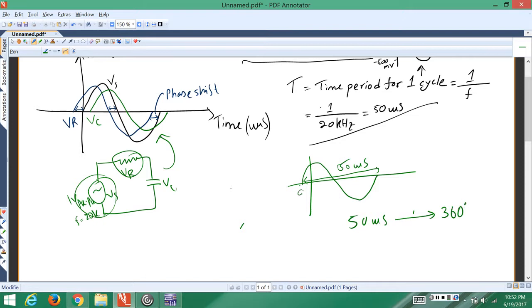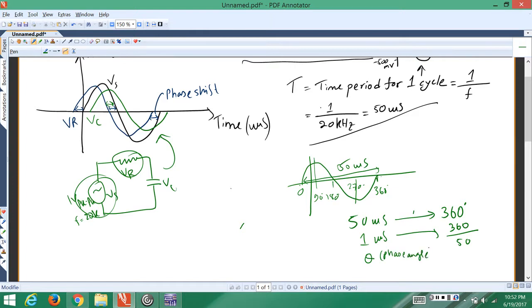If this is 0 and this is 90 and this is 180 and this is 270, this would be 360. So what does one microsecond represent over here, and what does this time difference over here represent? How much angle? That would be your theta or phase angle.